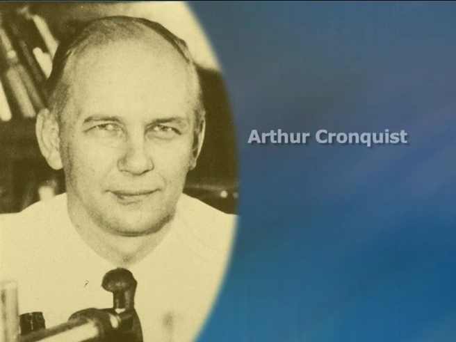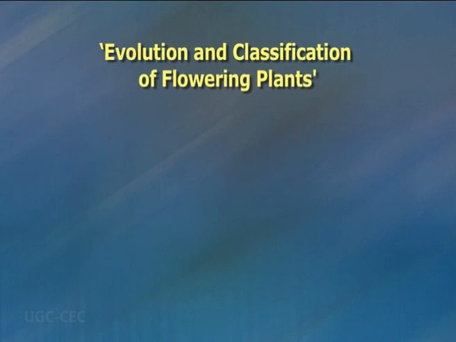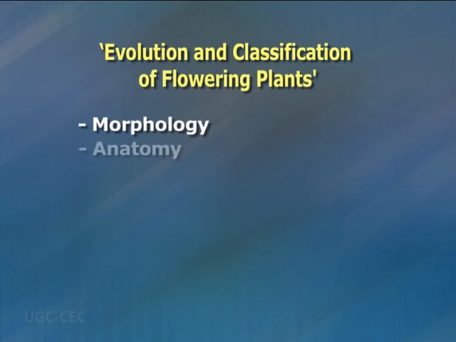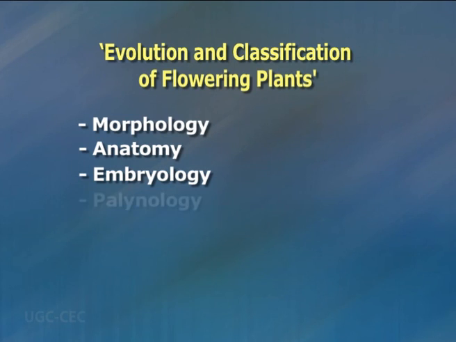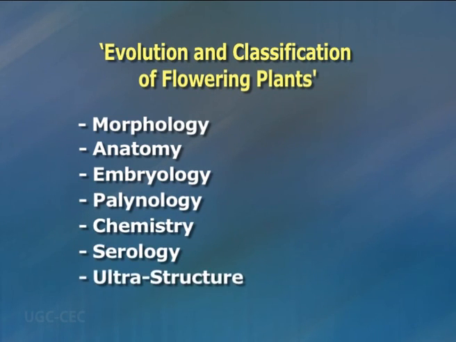Another botanist, Arthur Cronquist, presented his system of classification in his Evolution and Classification of Flowering Plants in 1968. He revised his system several times. Except for some modifications, his system is similar to Takhtajan's system. He also took all evidences from morphology, anatomy, embryology, palynology, chemistry, serology and ultrastructure.